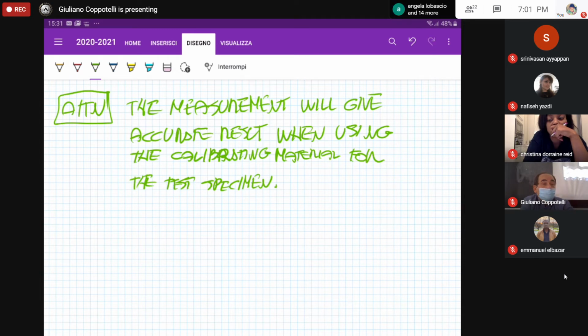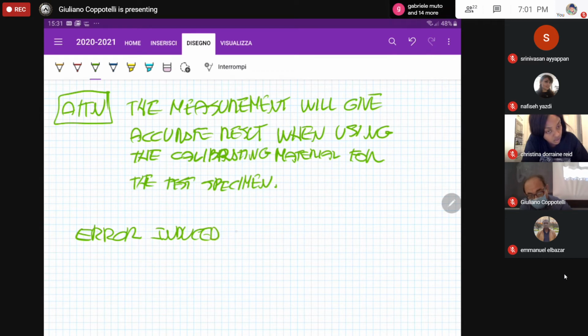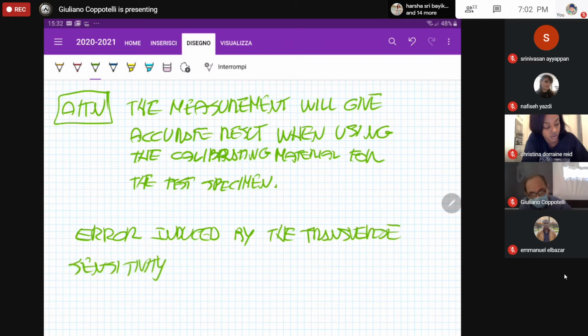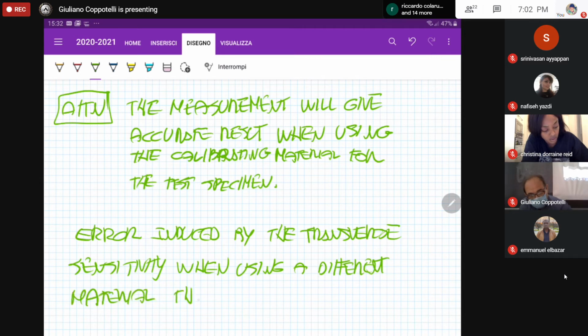So let's see together what is the error induced by the transfer sensitivity when using a different material than the calibrating one.